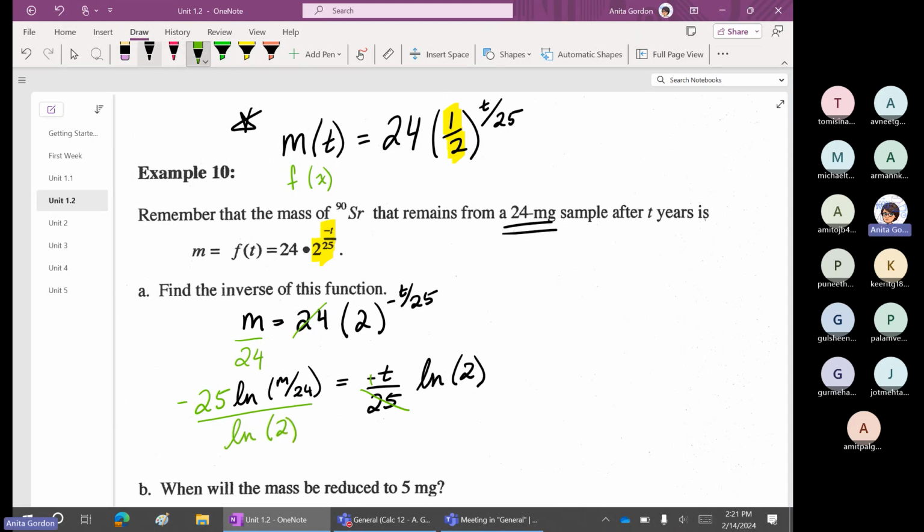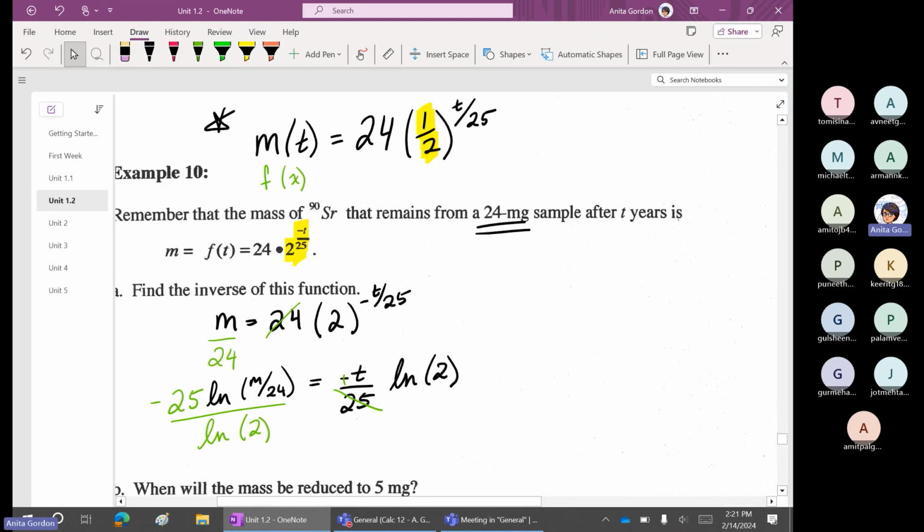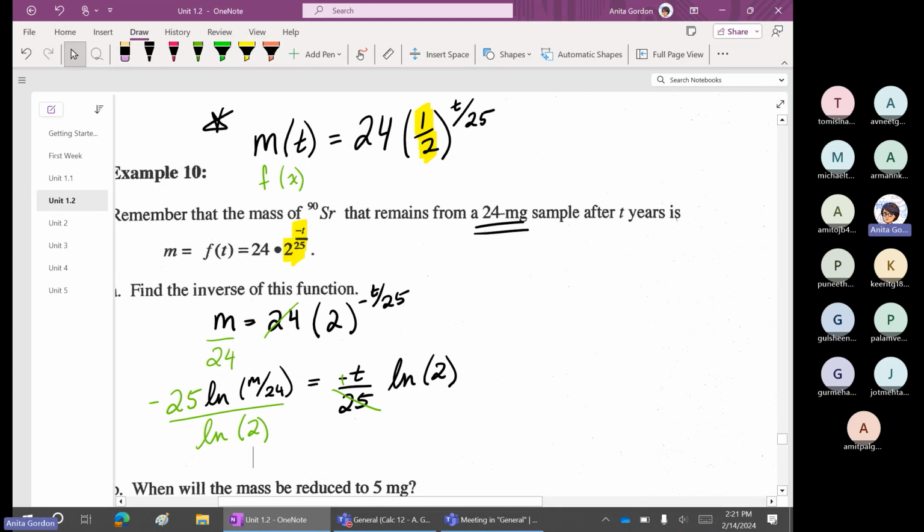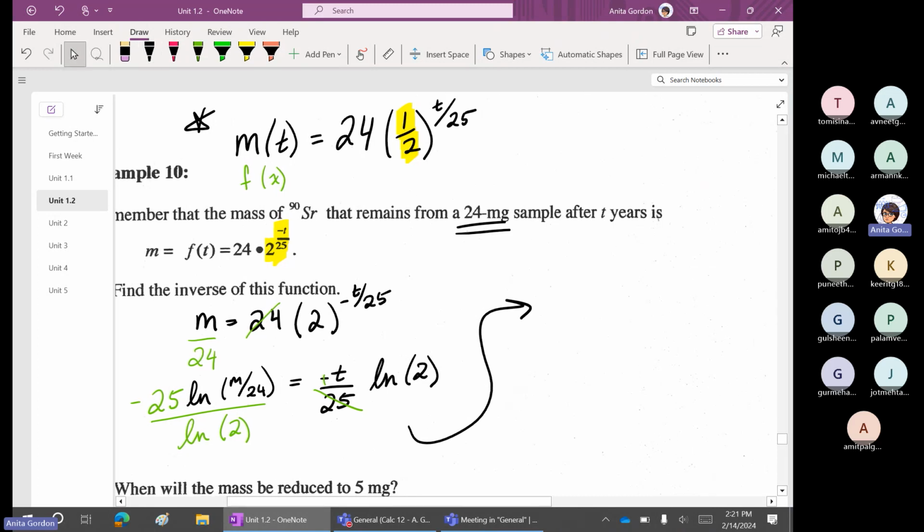Okay, so now if you knew the resulting mass, you could, from the half-life formula, figure out how much time it took for a sample to decay. So t equals negative 25 log base 2 of m over 24.